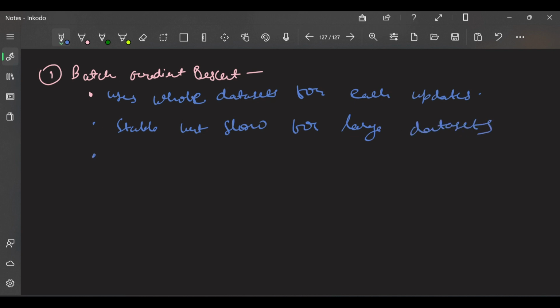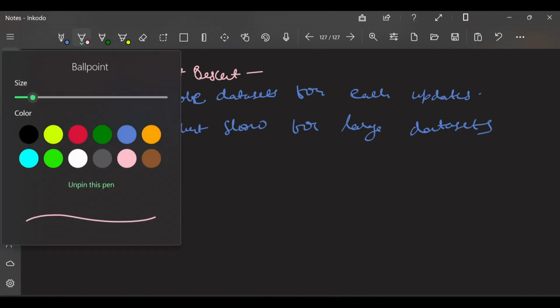So this is all about batch gradient descent.